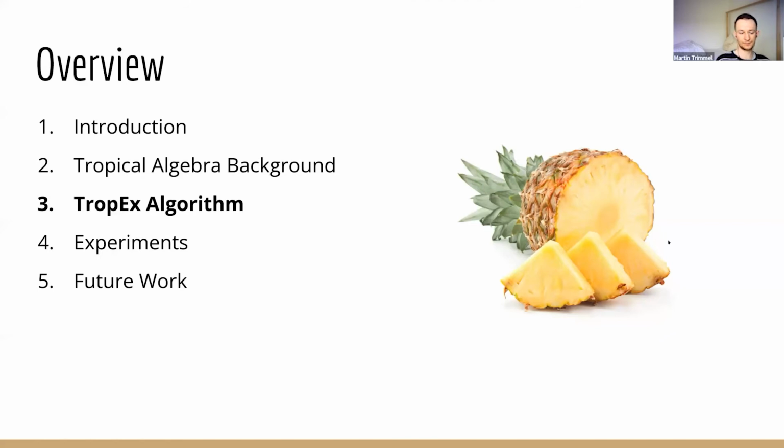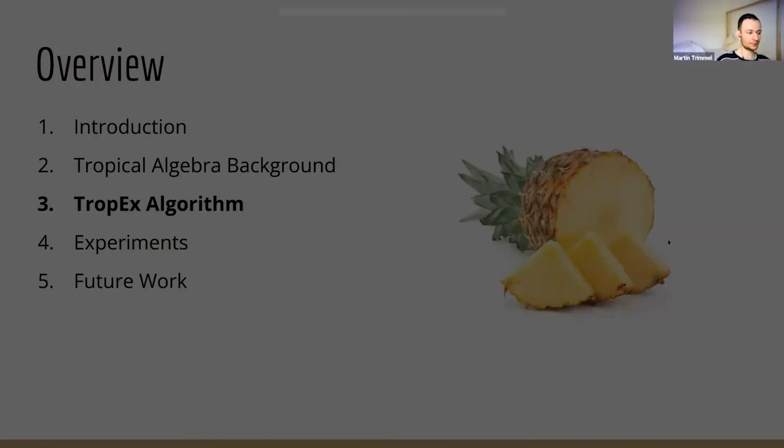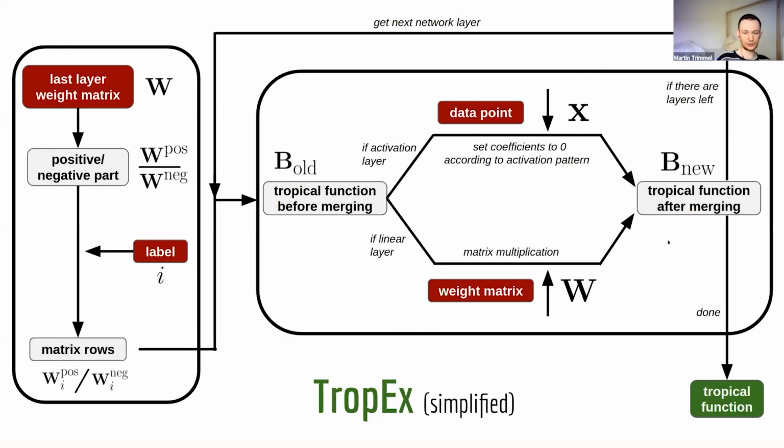Now I'm explaining the main part of our algorithm. Here you can see a visualization of our algorithm. The input to the algorithm is a trained neural network and a set of labeled data points.